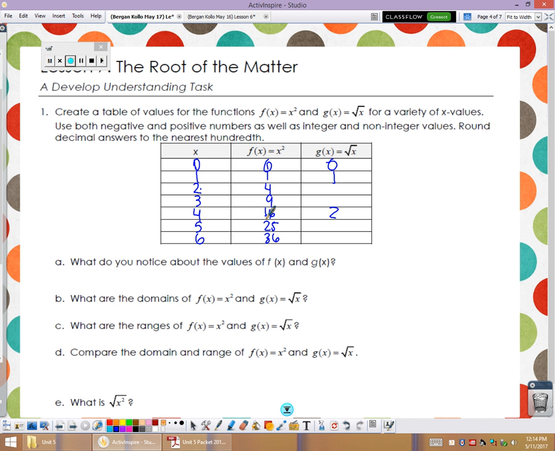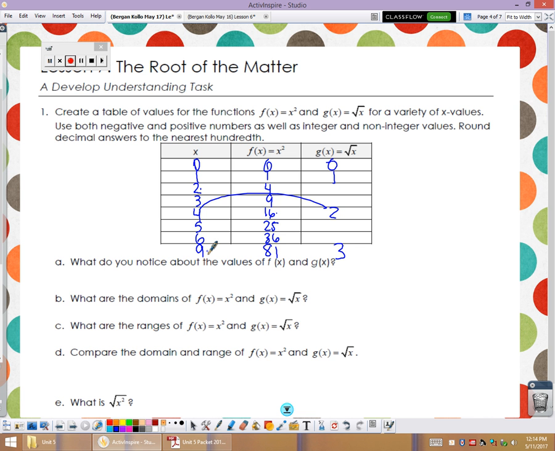The next number that I can take the square root of would be 9, and I can square it. So let's take a look at that. 9 squared is 81. When I take the square root, I get 3. You will notice that 4 to the second power is 16, right? 9 to the second power ends up giving you 81.